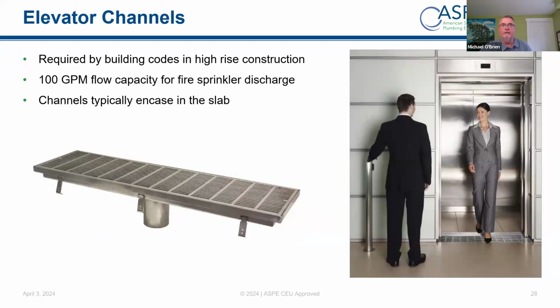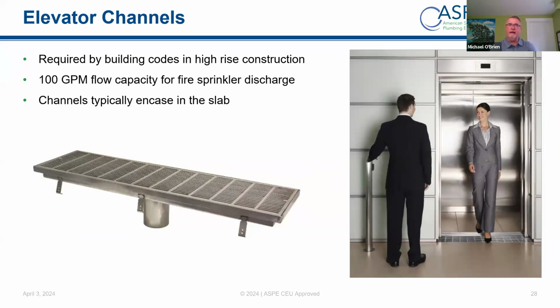Elevator channels are designed to be installed in front of an elevator. They require a high flow capacity, so if there's a fire somewhere in the building and the sprinklers go off, they don't want that water running down the elevator channel and knocking out power to the elevator, eliminating a way for people to get themselves out of the building.